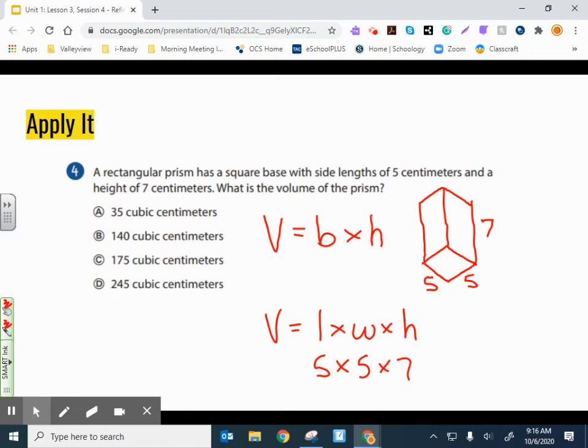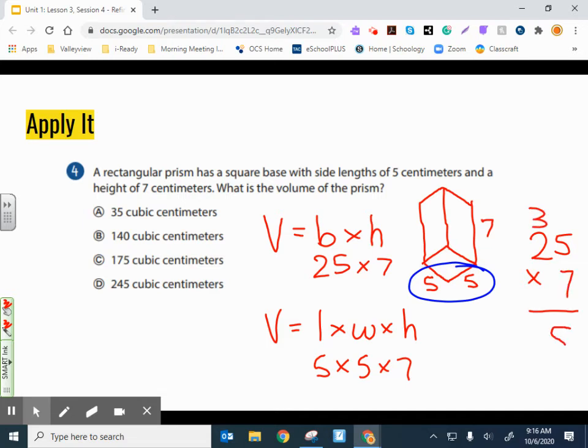Or we've got our base here, and that could be 25 times 7, and you're still going to get the same answer. Over here, let me work out 25 times 7. Again, use a calculator or a piece of scrap paper to figure these out. 7 times 5 is 35. 7 times 2 is 14. Lo and behold, it's 175. There we go. There's our answer for that one.